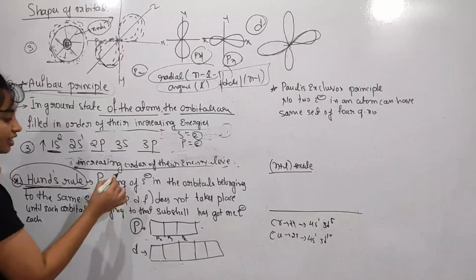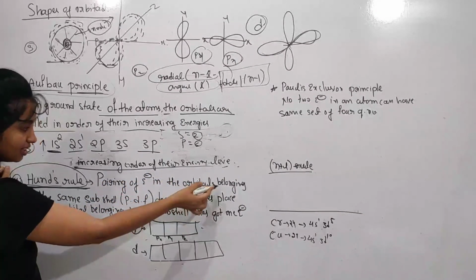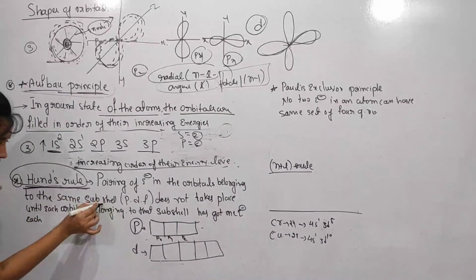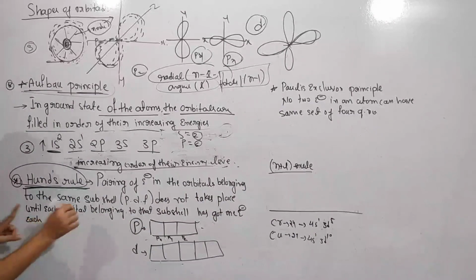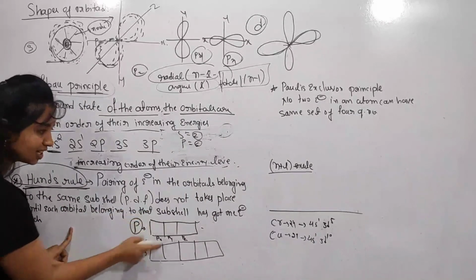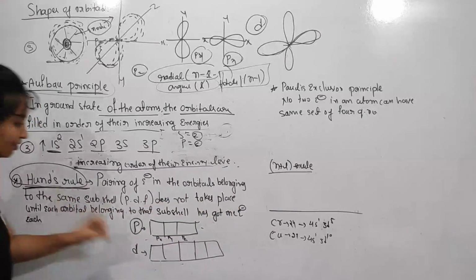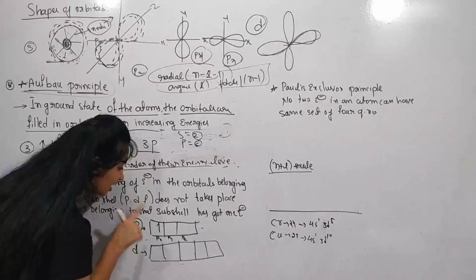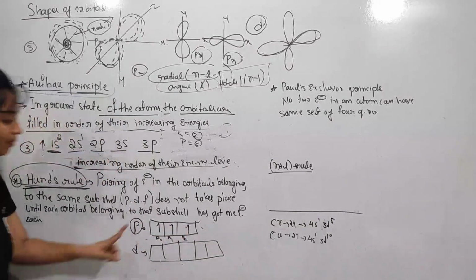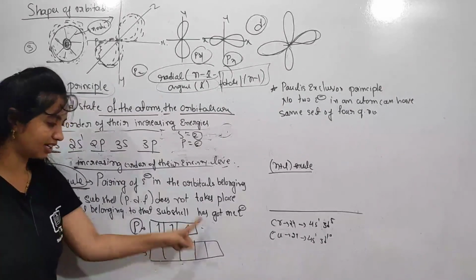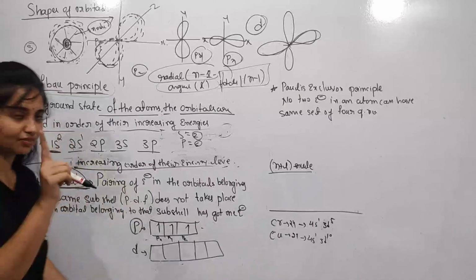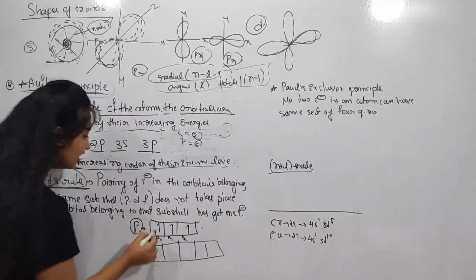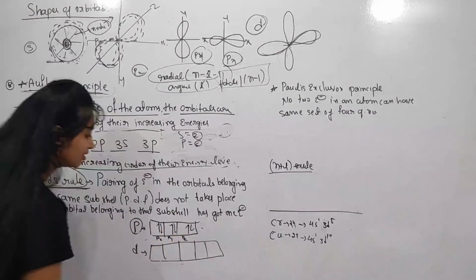See here, the pairing of electrons in orbitals belonging to the same subshell, like p and d, does not take place until each orbital of the subshell has received one electron. First we fill one electron in each of these orbitals. When all orbitals are filled with one electron each, only then does pairing start.